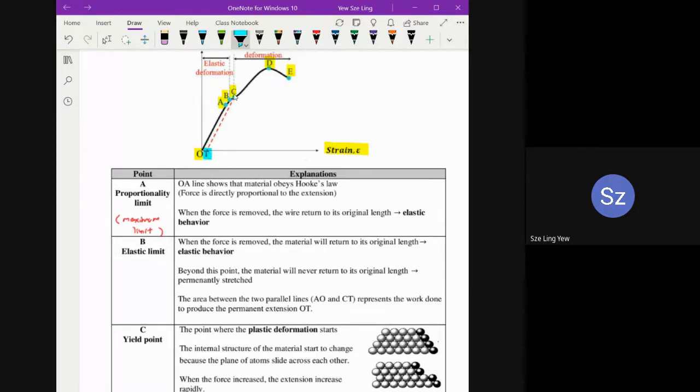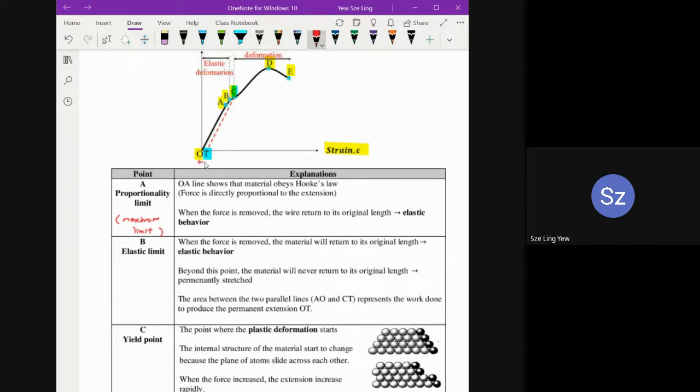Here is T, here is C. The area in between these two lines represents the work done to cause permanent extension OT. Once it passes B and moves on to point C, the object will be permanently stretched.